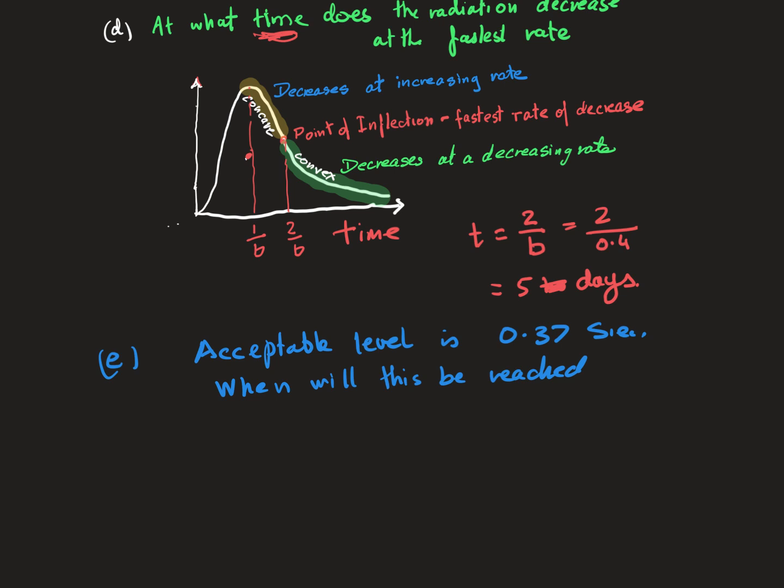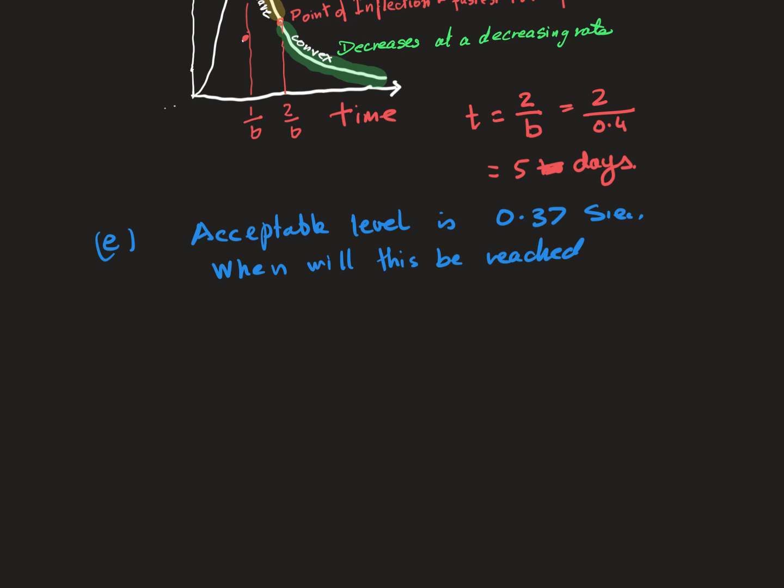Now all you need to do is put y is equal to 0.37 in your graph, then go to G-solve and solve for the intersection.